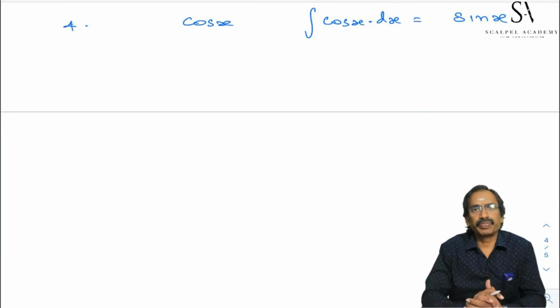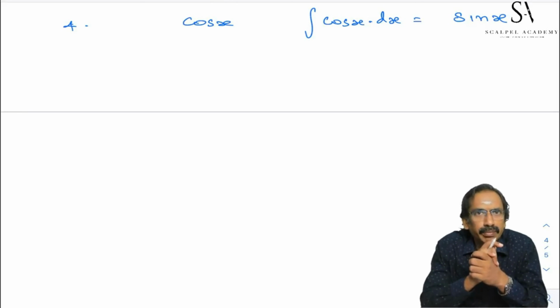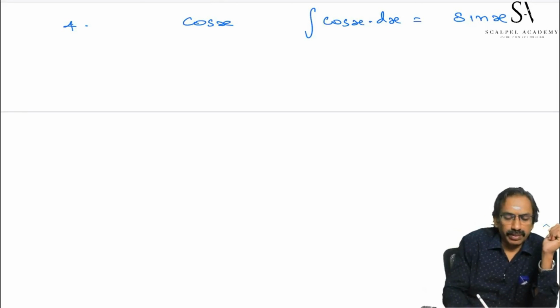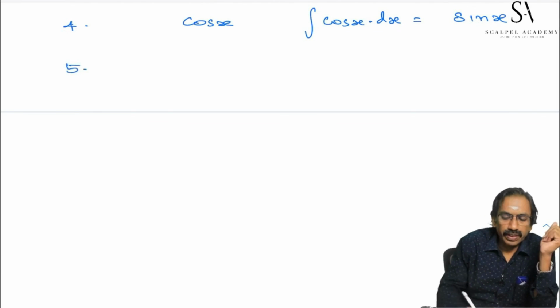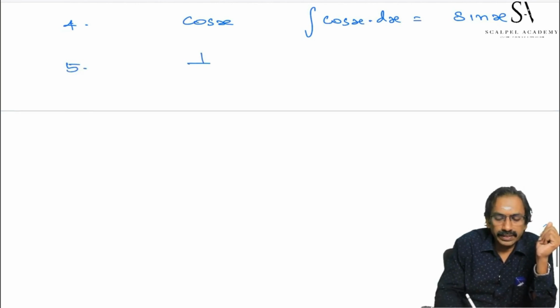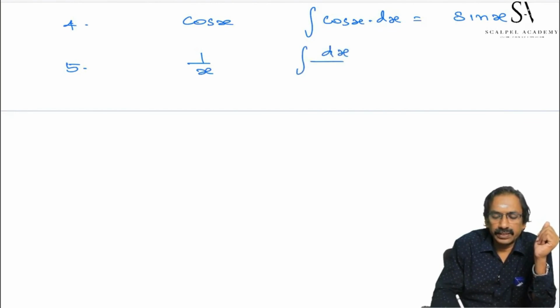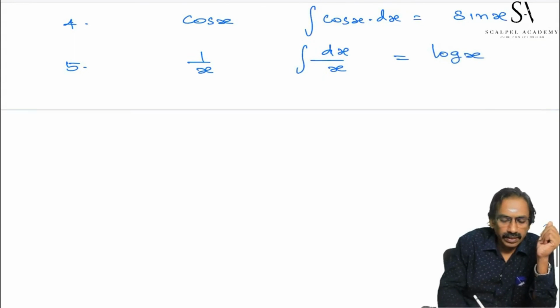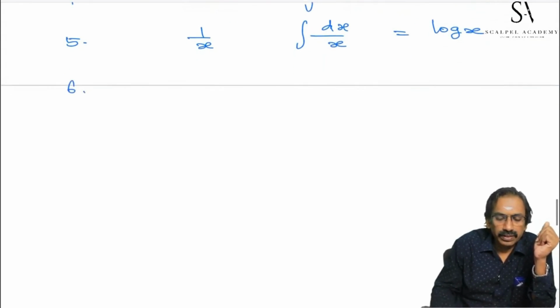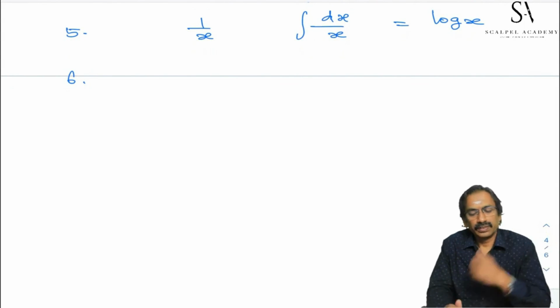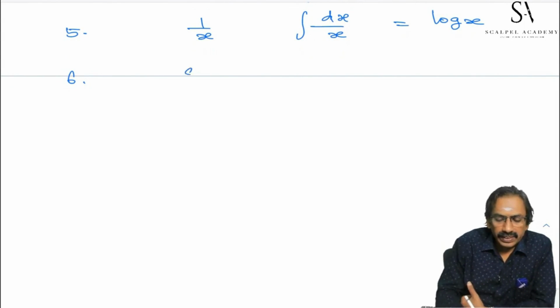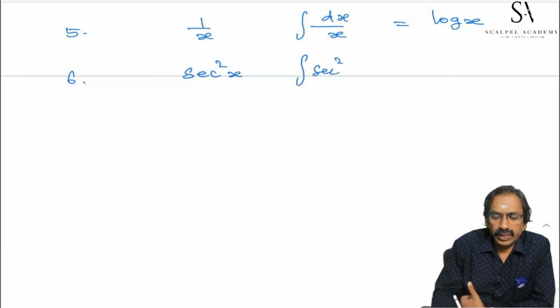Then only with this analysis can you keep all the formulae in mind. 1 by x: f of x is 1/x, integral dx by x is equal to log x. f of x is secant square x, then integral secant square x dot dx is equal to tan x.